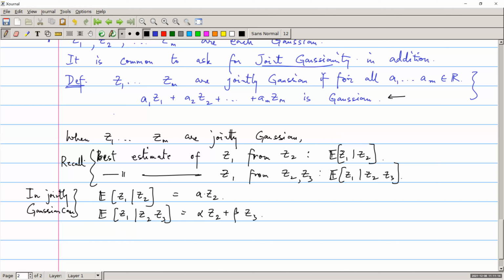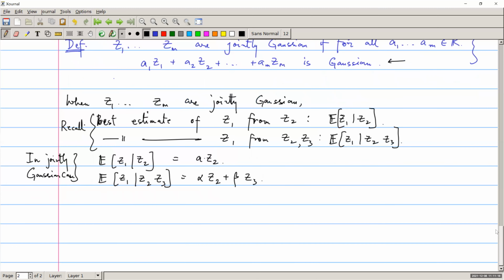Now, characterizing joint Gaussianity is a little more complicated than what we know so far. One thing we can say right now is that if a bunch of Gaussians are independent, they are also jointly Gaussian.